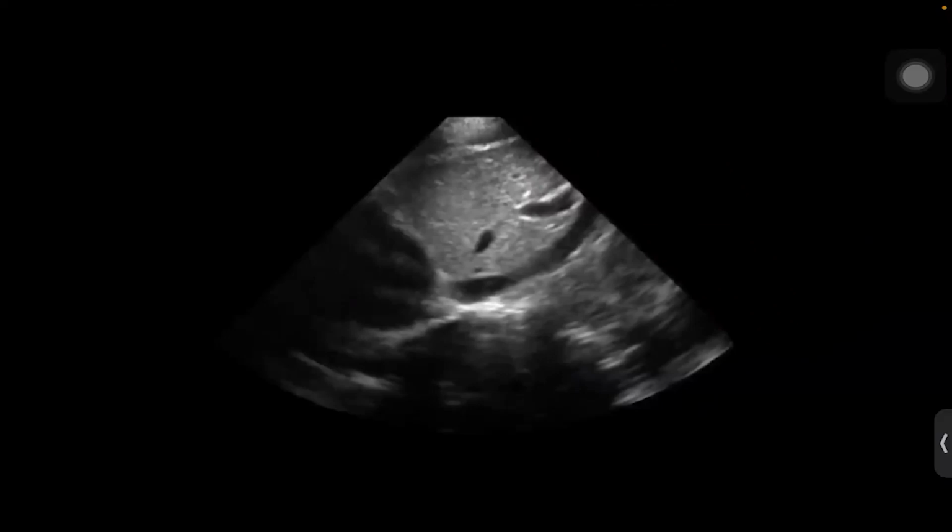So what is a fluid bolus by definition? How much is the fluid bolus by definition? 350 to 400 over 15 minutes. Yes.